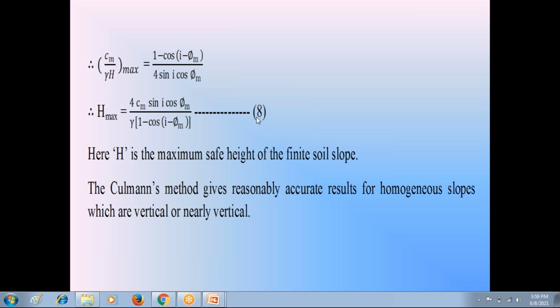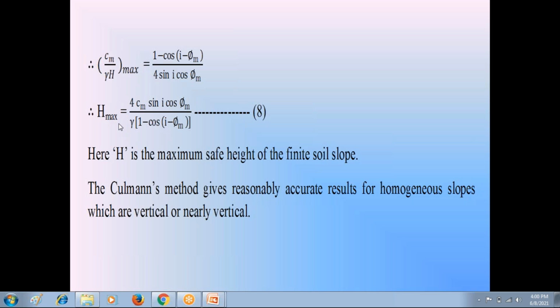So this equation 8 gives the maximum height of the finite soil slope according to Culmann's procedure. So this is Culmann's procedure to find out the maximum height of the soil slope of the finite soil slope AB. Number of times I repeated this Culmann's method because it is an important concept in Unit 2.